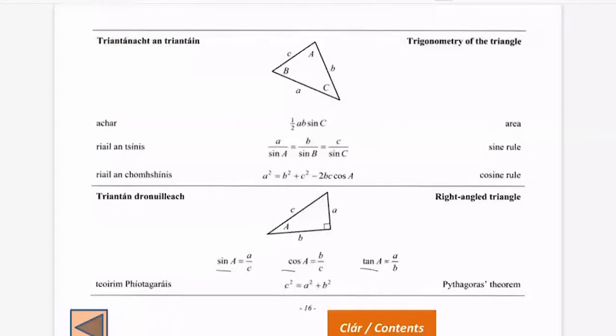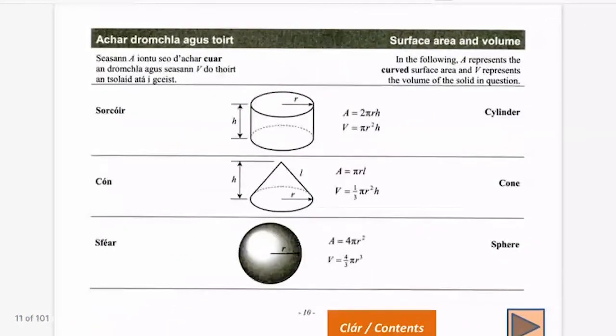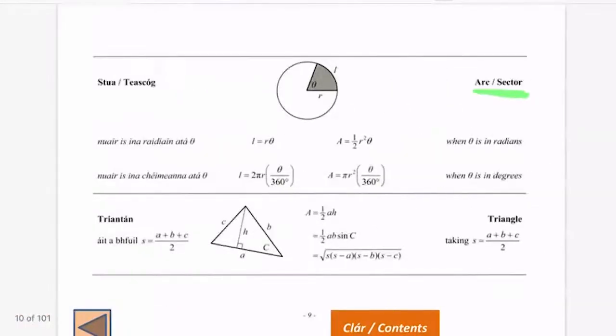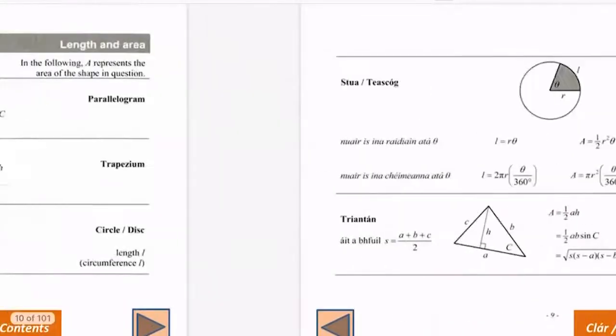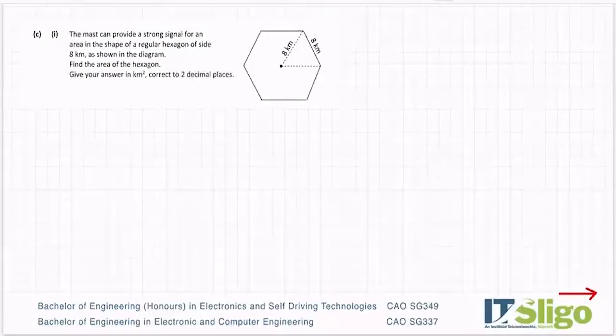Okay, so when we look at our log tables, we don't have a hexagon as one of our shapes for area and volume. We know rectangle and square is length by width. We know triangle is half the base by the perpendicular height. We have a parallelogram, a trapezium, a circle. So we don't have a hexagon.